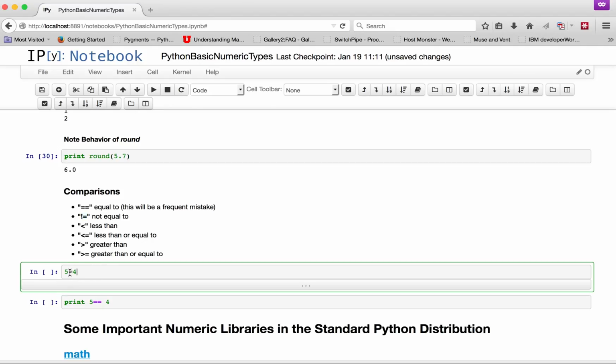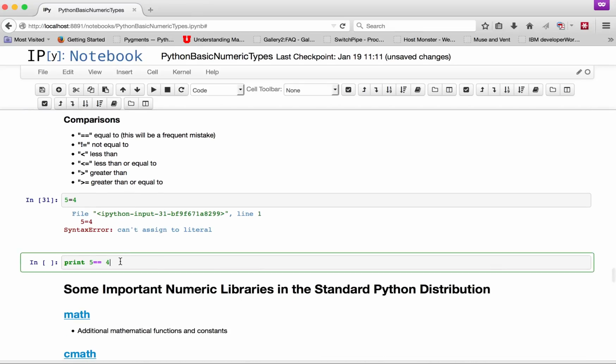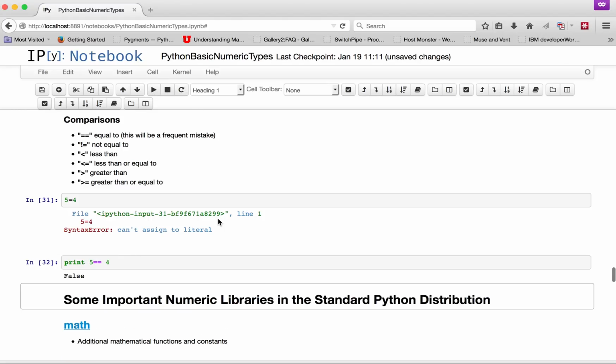So if I try to assign, this will give me an error, because this doesn't mean is 5 equal to 4. It's saying set the literal 5 to the value 4, which is impossible in Python. Can't assign to a literal. What I really wanted to do there is ask, is 5 equal to 4 with the 2 symbols, and that is false.